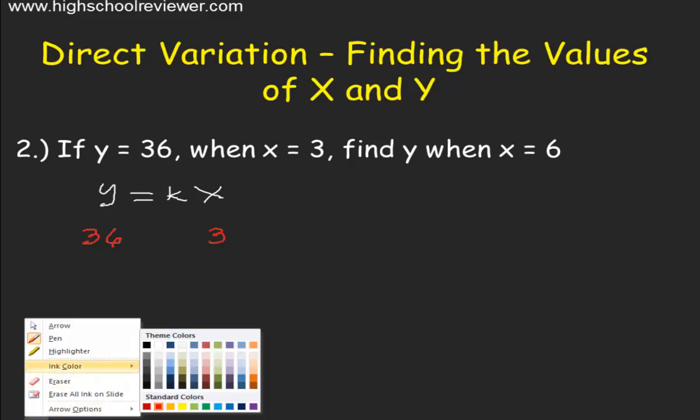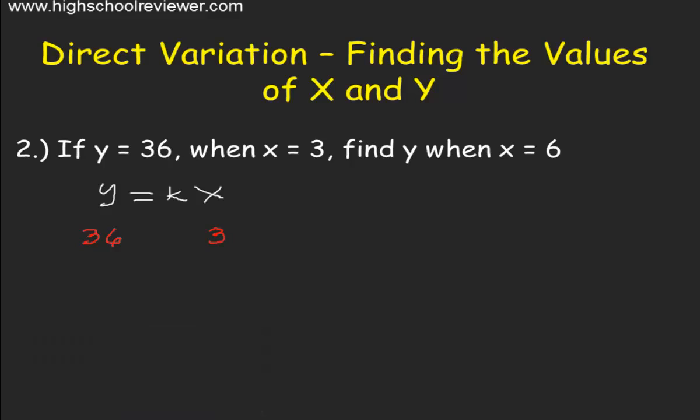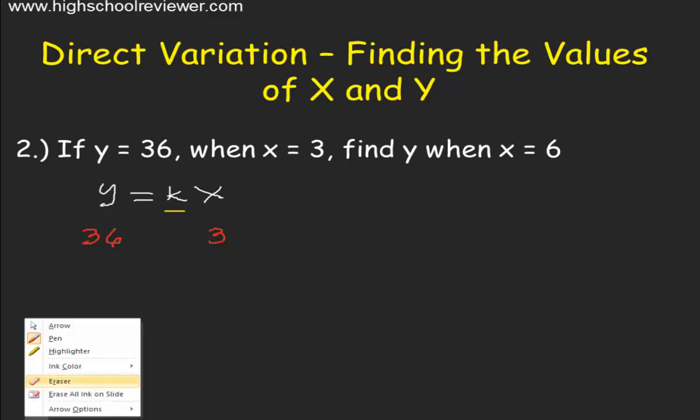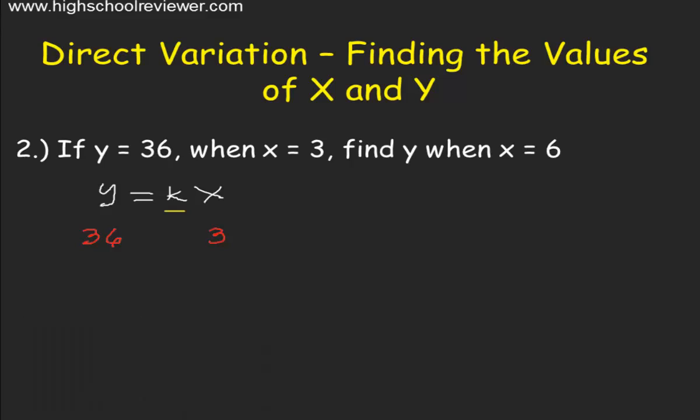We are going to find k. So to find k, we have 36 is equal to k times 3. And to find k, we need to cancel out 3. So to cancel out 3, divide both sides of the equation by 3.